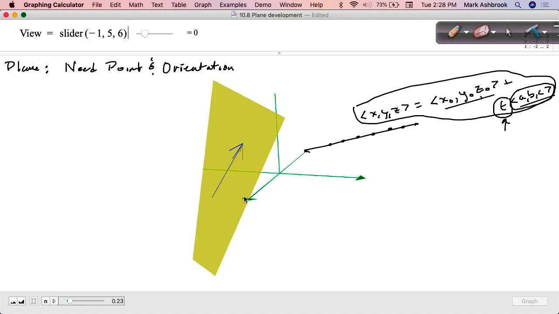I can move it like this, but is that a different orientation or the same orientation of the plane? Same, just different location, right? So if I'm orthogonal to that vector, the only freedom I have is the location of the plane, but I have no wiggle room. It's locked in terms of its orientation. Does that make sense? So that's what we want. The orientation vector is going to be an orthogonal vector.